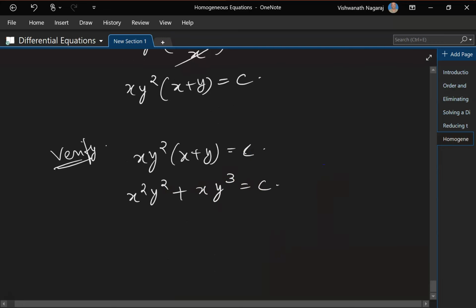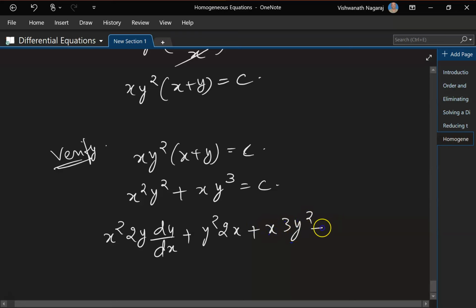Now let's differentiate it. We get x square, leave it as it is. Now y square we need to differentiate. So 2y dy by dx plus, now y square remains as it is. Okay, 2x plus x as it is, 3y square, plus y cube as it is, equal to 0.